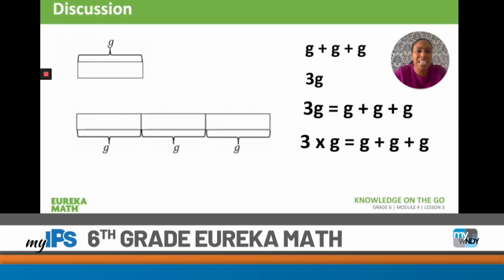So when you see the number 3 or any number next to a variable, that means multiplication. In the first two lessons, we talked about identities. Take a moment to think about, is the equation 3G equals G plus G plus G an identity?